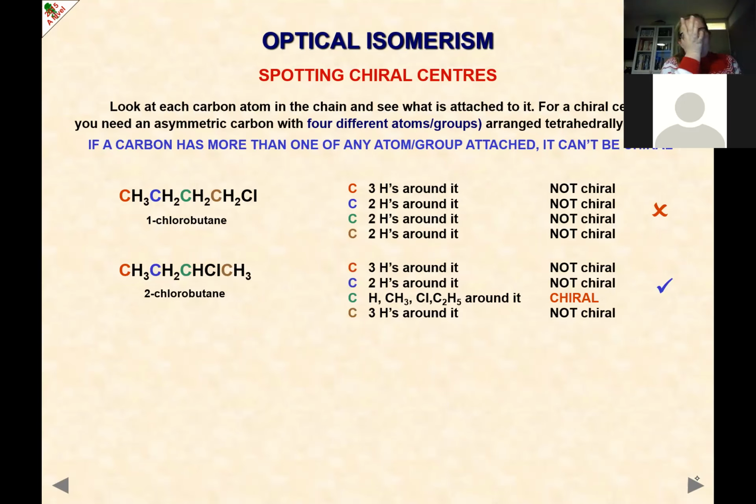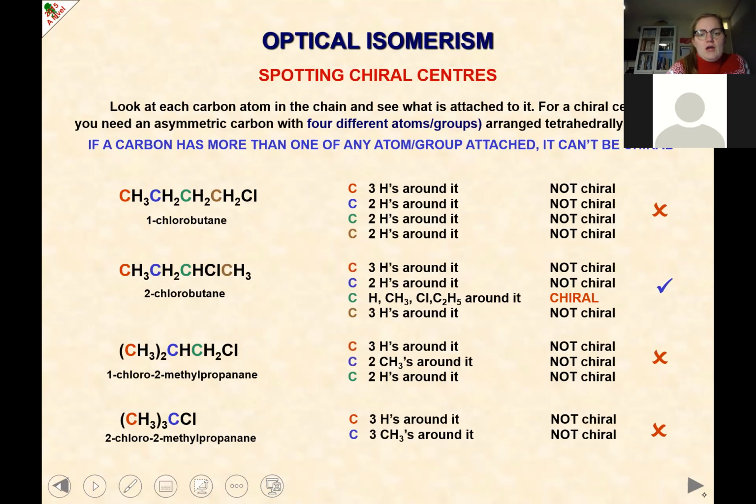The fourth carbon isn't chiral, but it doesn't matter. We just need that one central chiral carbon. If we then look at these two, neither of them is chiral because again we've got duplicates around them. So that's a good way for us to work it out, and you can always draw it out just to be doubly sure.